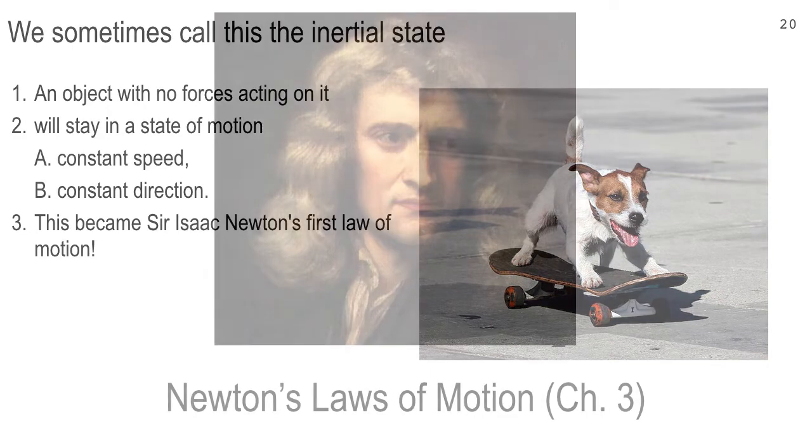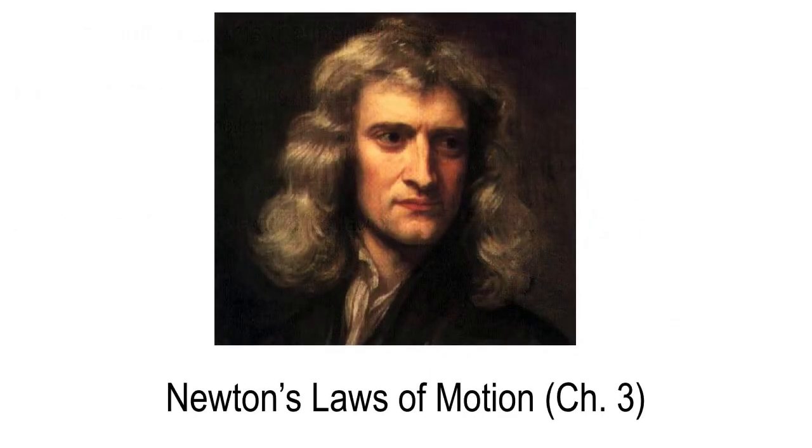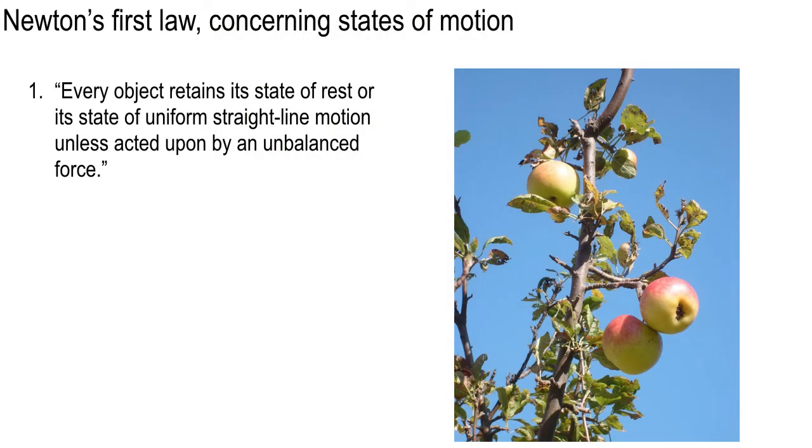We're going to now talk about Newton's laws of motion, dynamics. His book was written in Latin, which I can't read, but if you read his translation into English, you'll find this sentence: every object retains its state of rest, or the state of uniform straight line motion, unless acted upon by an unbalanced force.